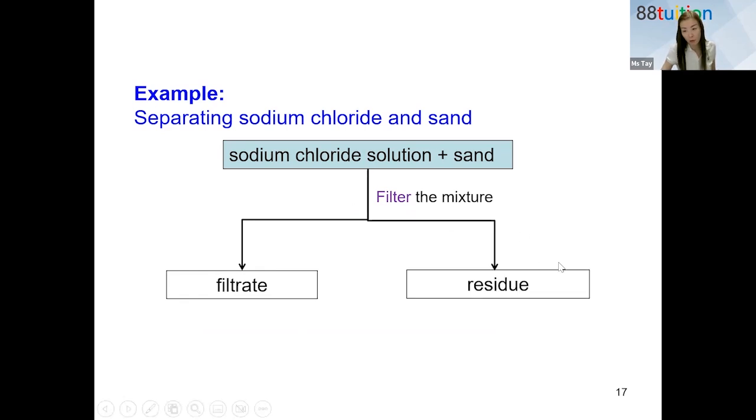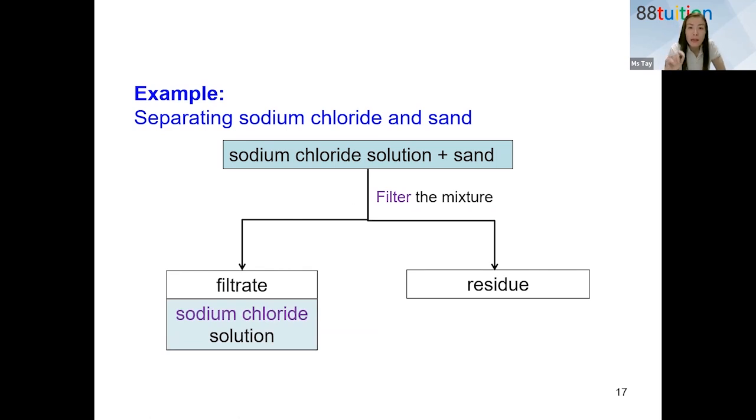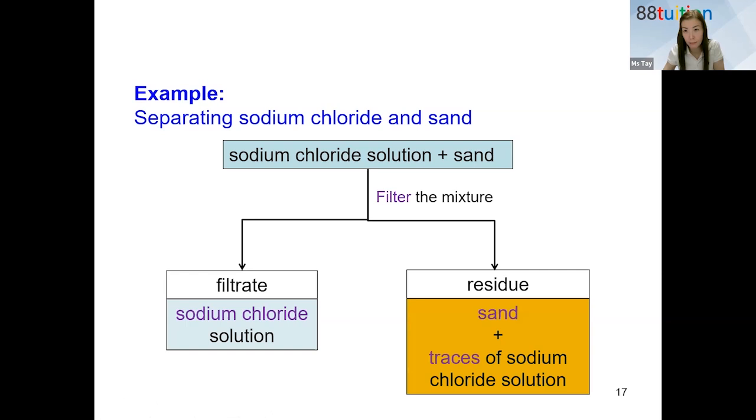So what is the filtrate? Filtrate is sodium chloride solution. Remember just now I said filtration, not all the time you get water. So in this particular case, you get the sodium chloride solution. And then what is the residue? Residue will be sand, but of course, you still have tiny traces of the sodium chloride solution there.